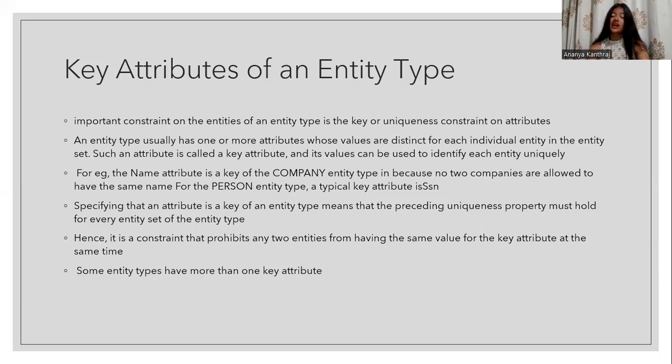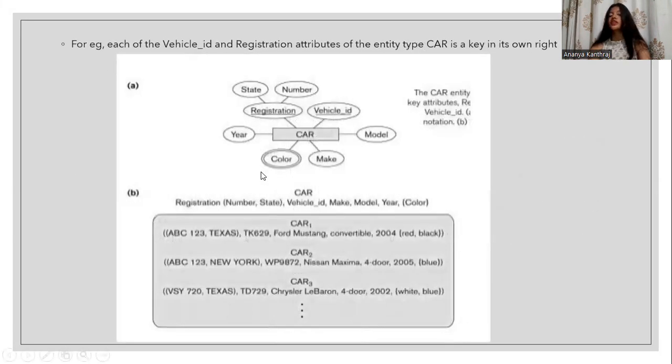Specifying that an attribute is a key of an entity type means that the preceding uniqueness property must hold for every entity of that entity type. Hence, it is a constraint that prohibits any two entities from having the same value of the key attribute at the same time. Some entity types have more than one key attribute. For example, the vehicle ID and registration attributes of the entity type car are each a key in their own right.